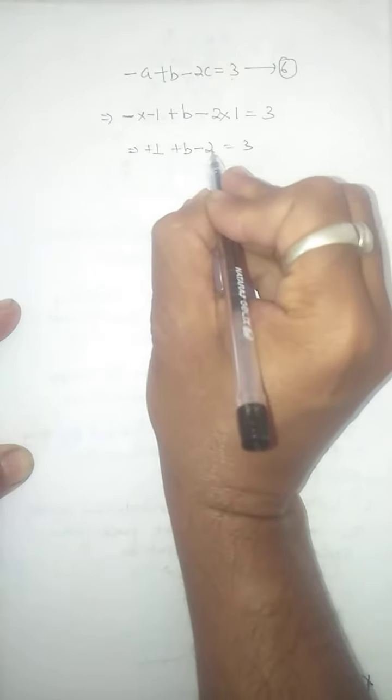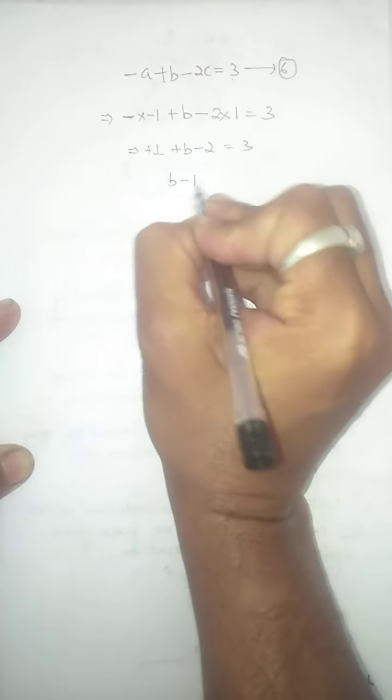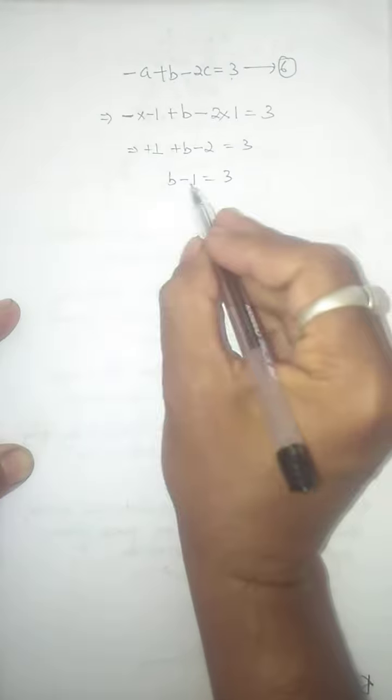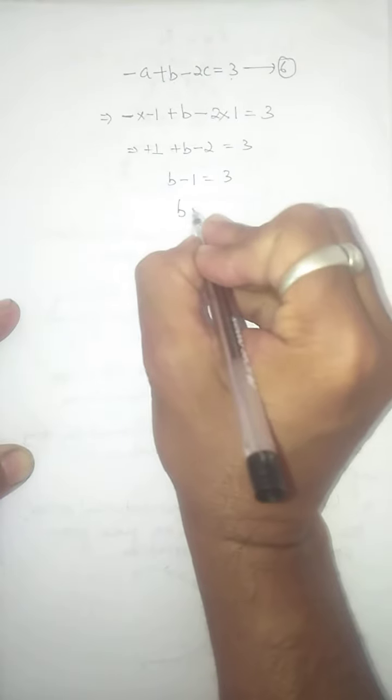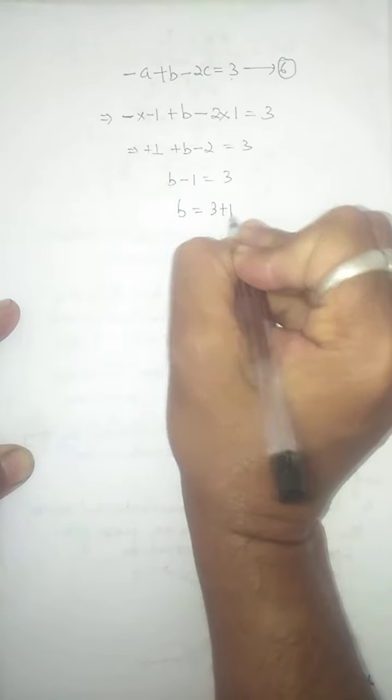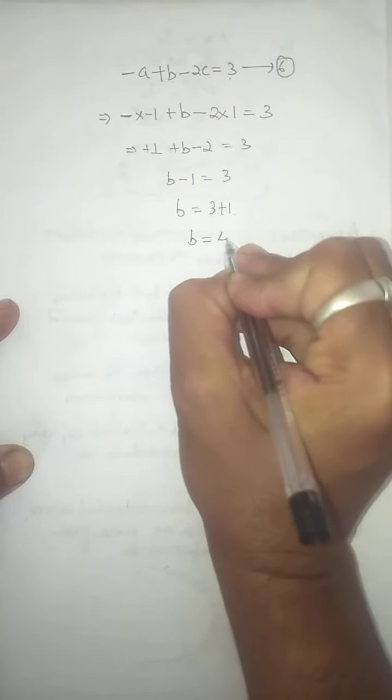Now 1 minus 2 is minus 1, so I write B minus 1 equals 3. Then B equals 3 plus 1, because I take this 1 to the right hand side. So finally you can see B equals 4.